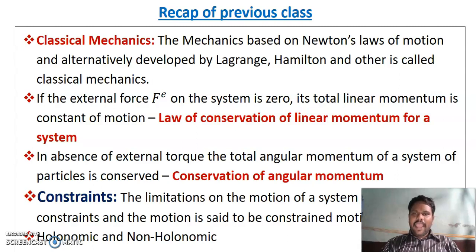If the external force on the system is zero, then its total linear momentum is a constant of motion. In the absence of external torque, the total angular momentum of a system of particles is conserved.